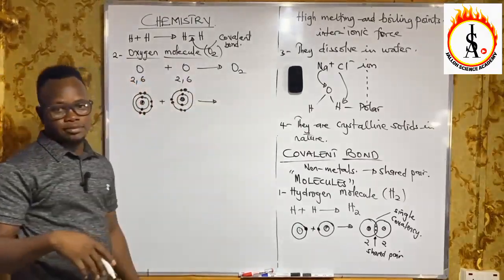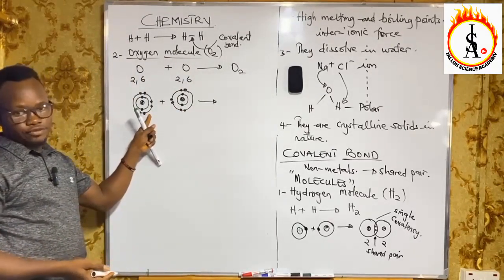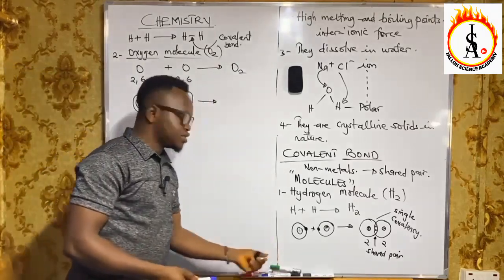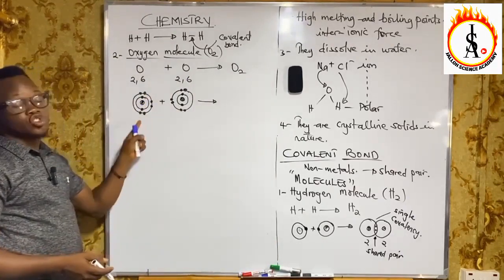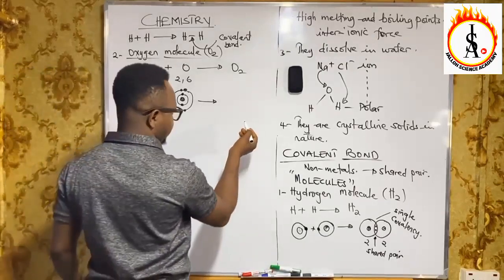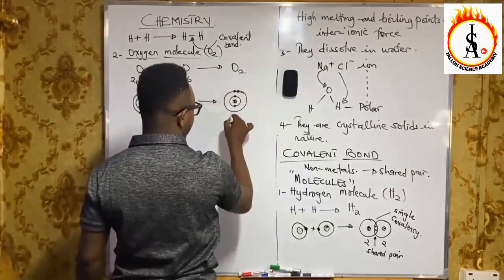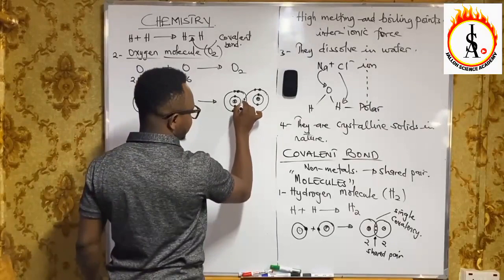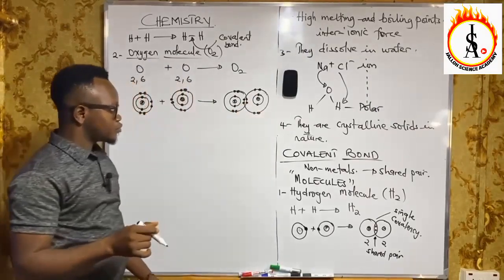So what is going to happen? Neither of them is going to lose electrons. This is in need of 2 electrons, and this is in need of 2 electrons. So this is going to contribute 2, and this contributes 2, and they bring it to a shared pair. This is how it happens. So this one has 2 electrons, and this one has 2 electrons.